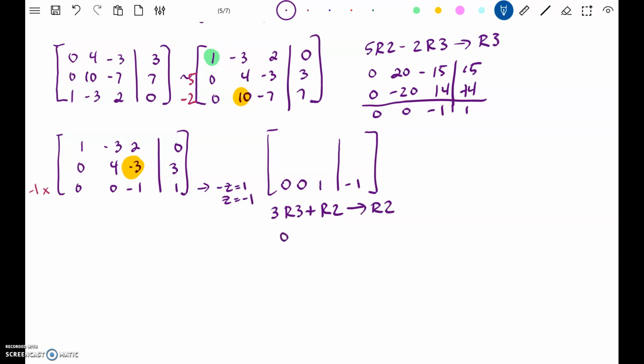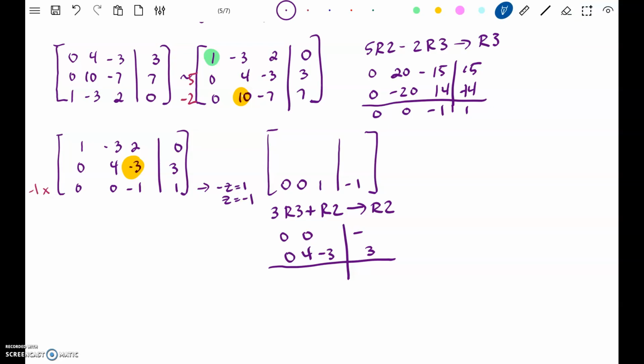Row 3 is 0, 0, 1, negative 1, and row 2 is 0, 4, negative 3, 3.